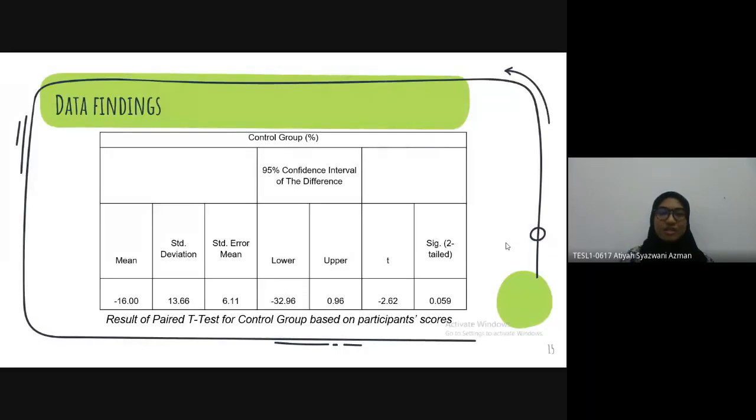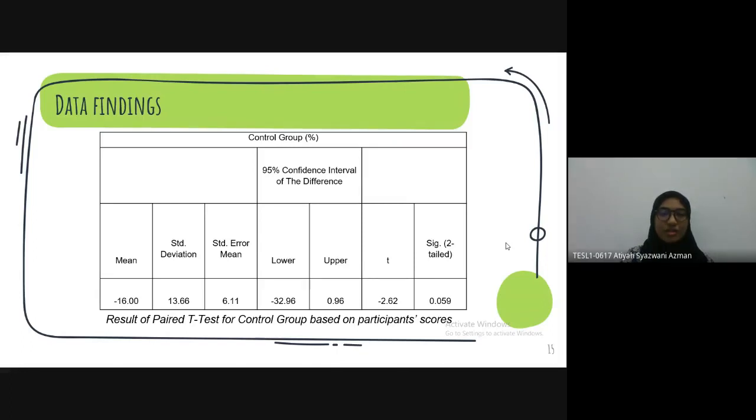So these are the data findings. As we can see here, for the control group, I used the paired t-test based on participant scores.